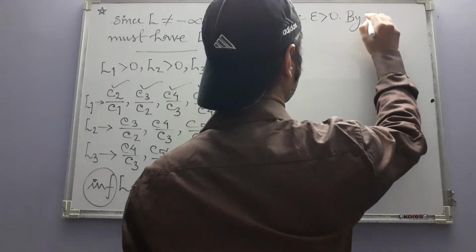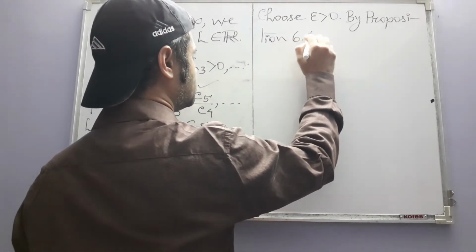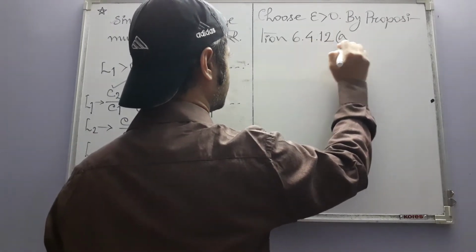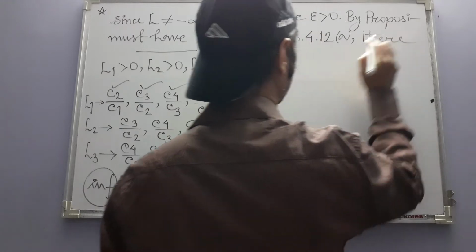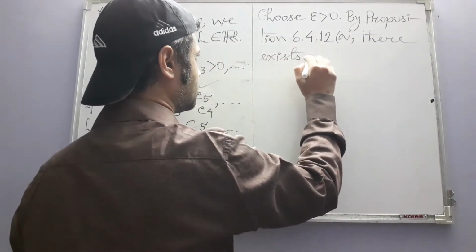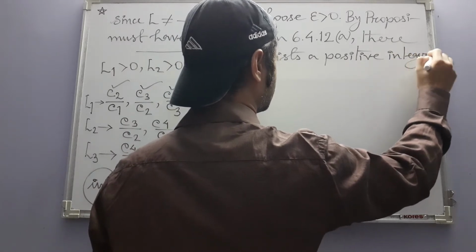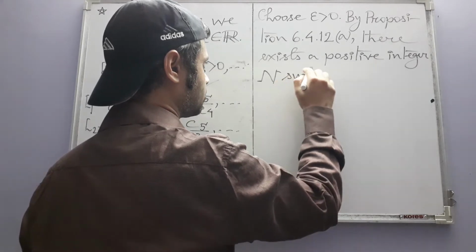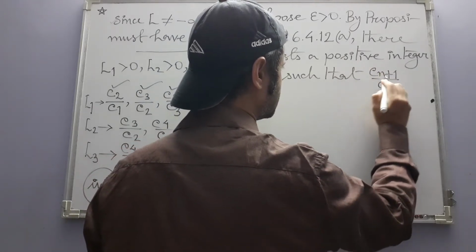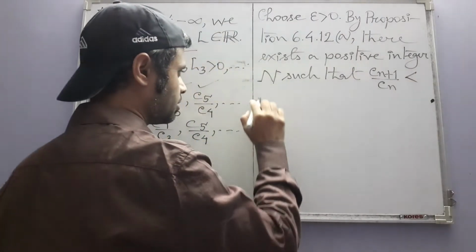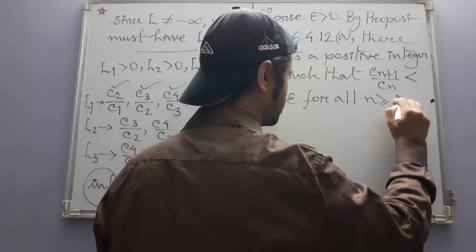By proposition 6, for that thing which we have already used many times by now, there exists a positive integer N such that Cn plus 1 divided by Cn is strictly less than L plus epsilon for all integers n greater than or equal to N.